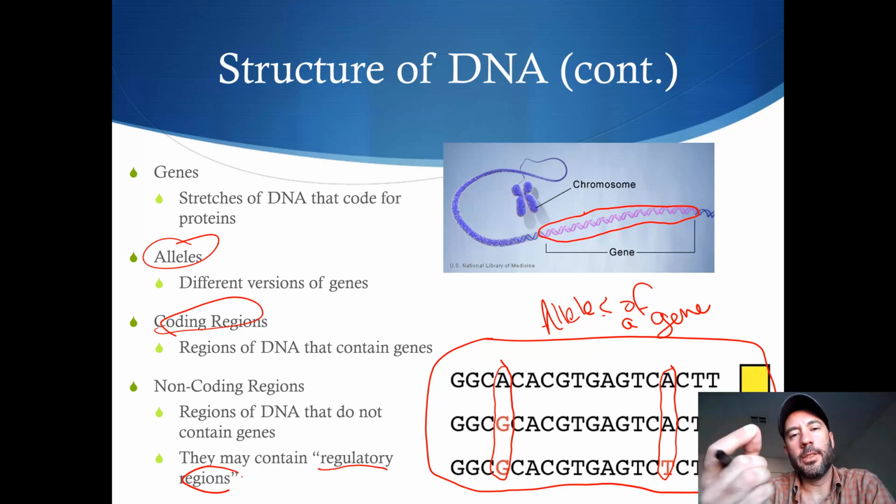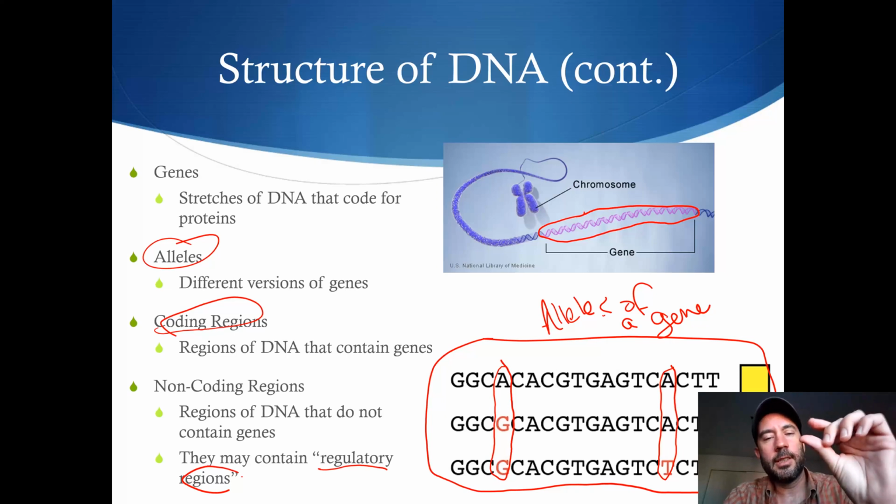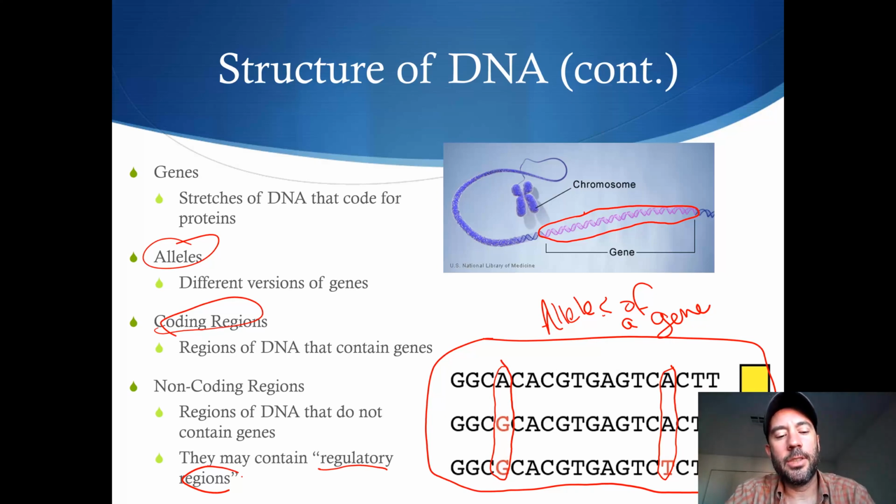Regulatory regions act like either switches or volume knobs. You can turn the volume off or on, you can turn it up, you can turn it down. Turning something up is called up-regulating, turning something down is called down-regulating. There's a section near that LCT gene, or possibly within it, I don't remember, that is a regulatory region, and a certain mutation of it breaks that region.